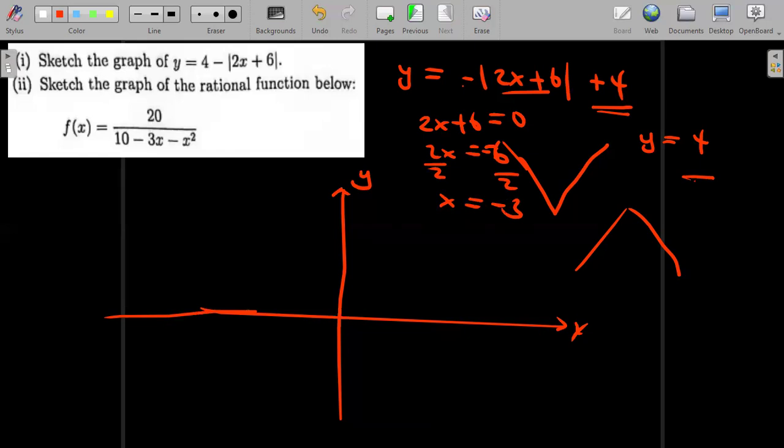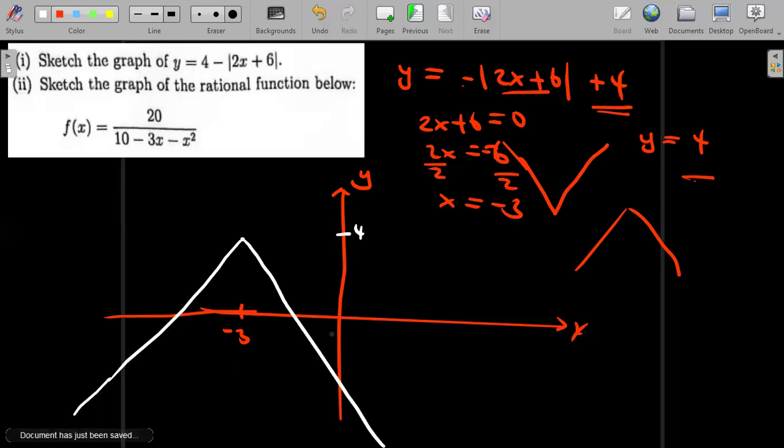So at x equal to -3, we are saying this has been shifted 4 units up. Let's say 4 is what is there. So at this corresponding point, you have a negative in front of it, so it will be inverted down. So it will open like this, then go like that, then it continues to go. So this is how the graph will look.